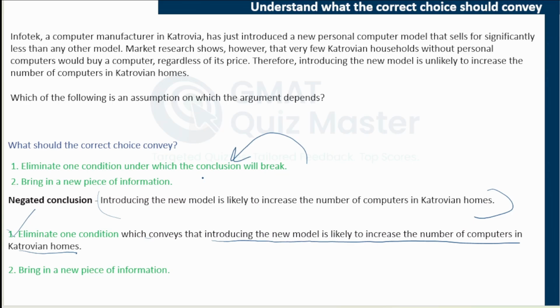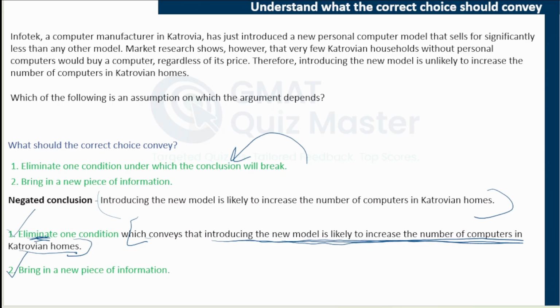And we are saying that the correct answer choice will eliminate one condition which conveys that introducing the new model is likely to increase the number of computers in Ketrovian homes. And this correct answer choice will bring in a new piece of information. So if you pre-think, the steps are simple for you. You have to think about a situation which conveys that introducing the new model is likely to increase the number of computers in Ketrovian homes and say that that situation will not happen.